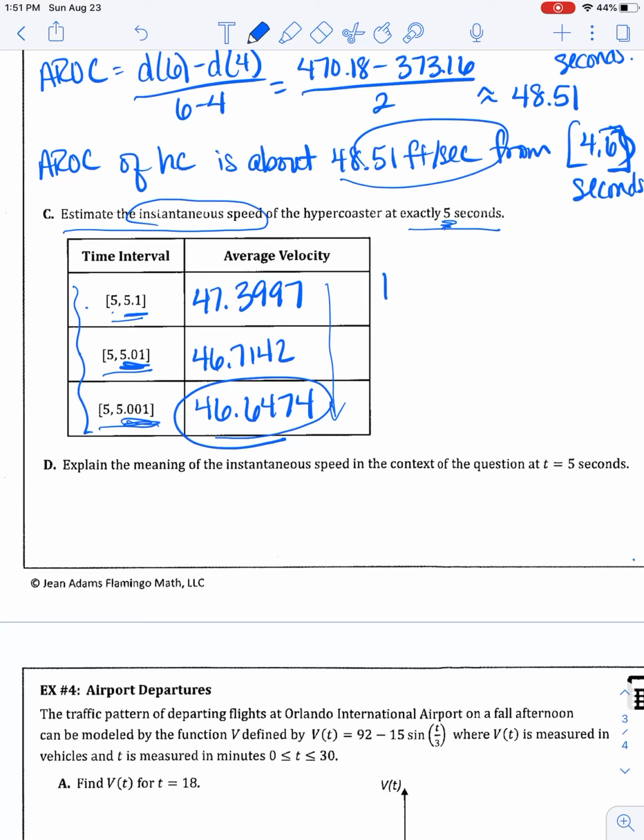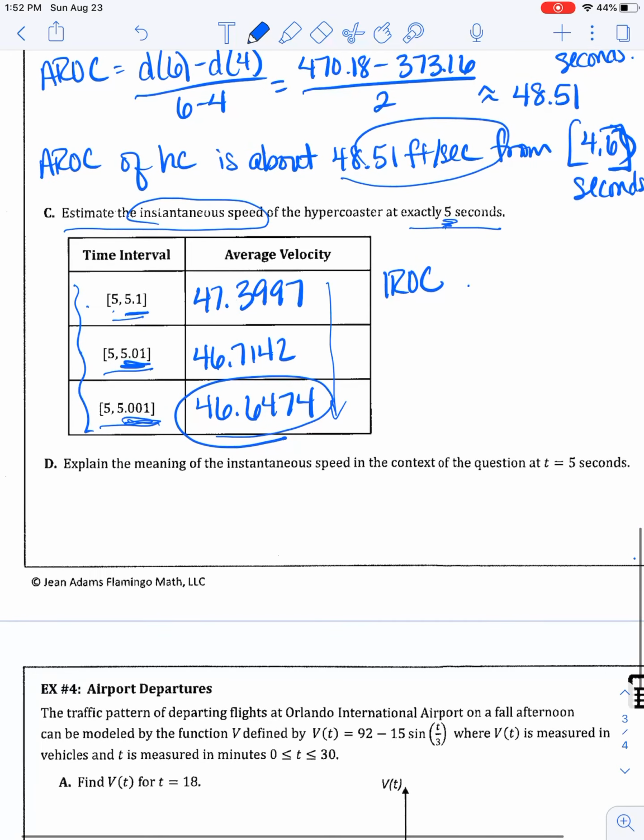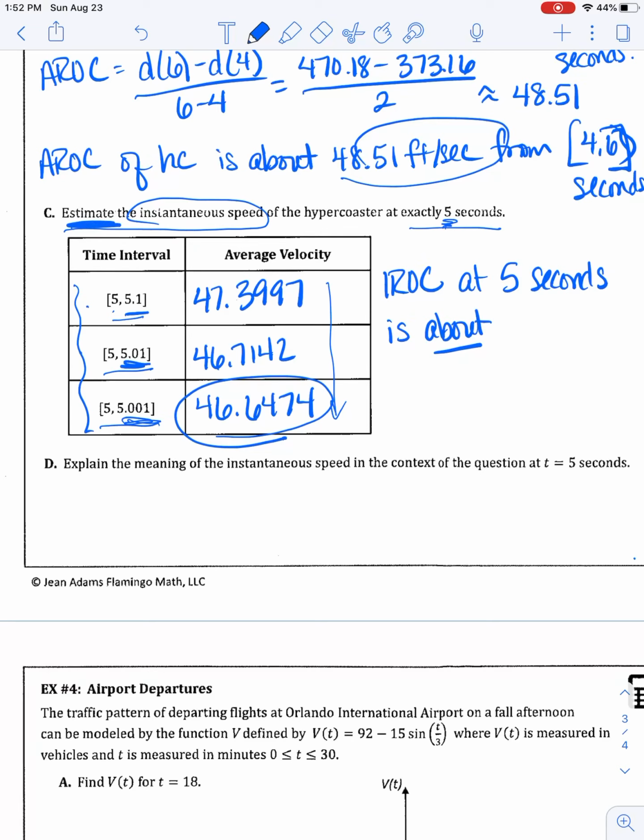So I'm going to say the IROC, instantaneous speed, at 5 seconds, because again, this is IROC, so this is at one particular time. So the IROC at 5 seconds is, now here's the big word, about, because remember we are estimating, is about 46.6474 feet per second. And that's kind of what we were supposed to do for D. There it is.